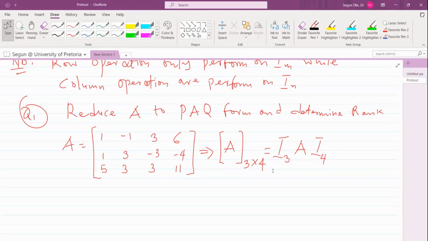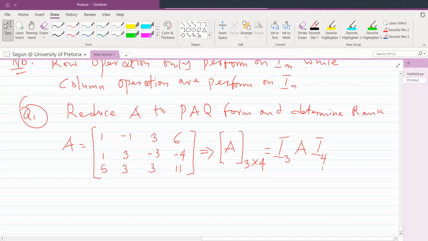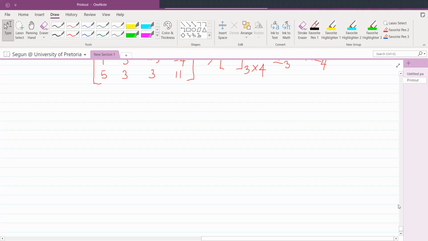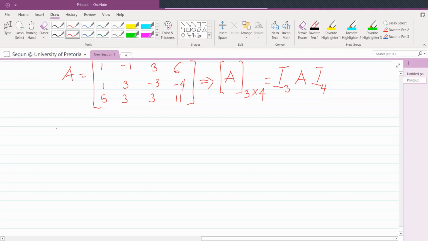We can move on. Now, in this case, I can go ahead and write it out by saying, my matrix starts from 1, 1, 5, minus 1, 3, 3, 3, minus 3, 3, 6, minus 4, 11, equals to.